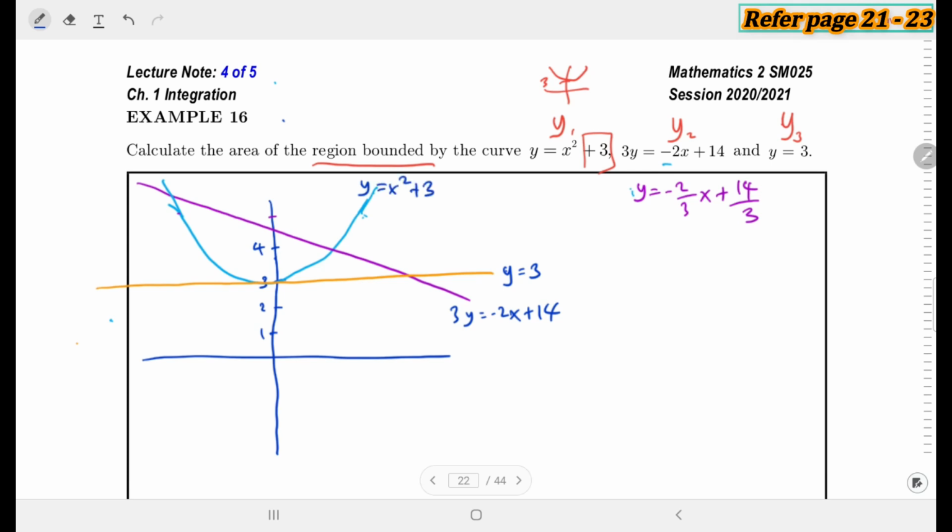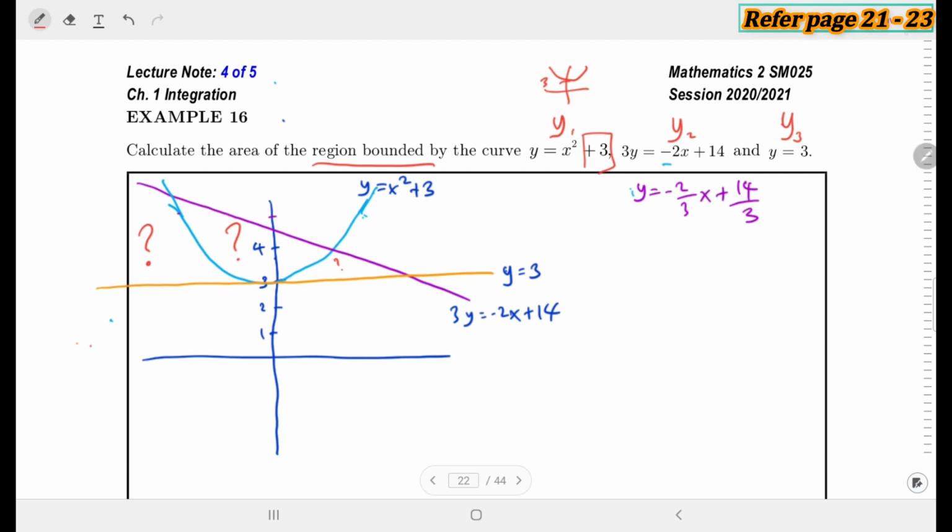Now, where would the area of the region be located? Try to guess. Is it here? I think here, because it looks nice to be there. Is it correct? Or is it here? I have sketched this using three colors so that you can see the difference between the curves and the lines.